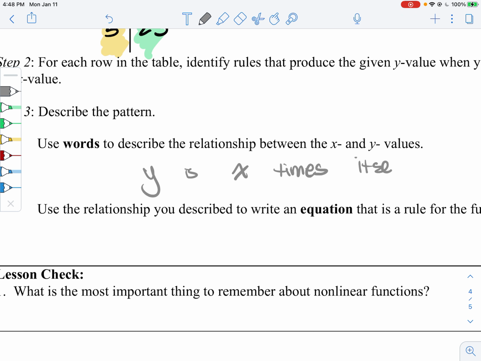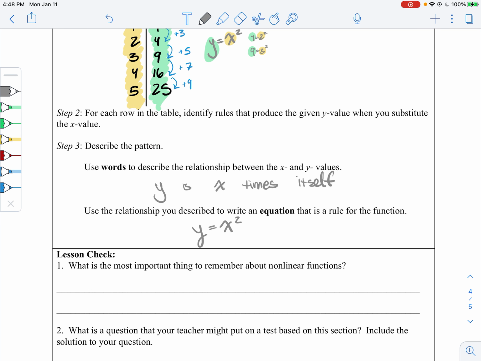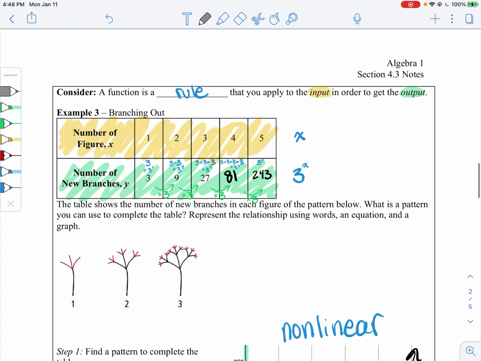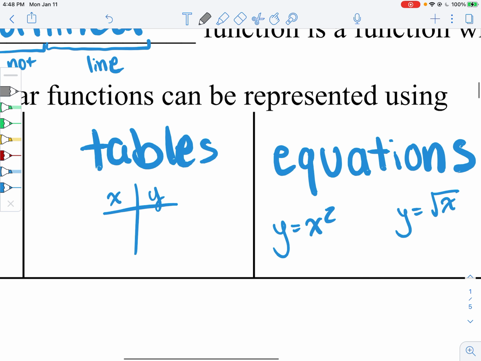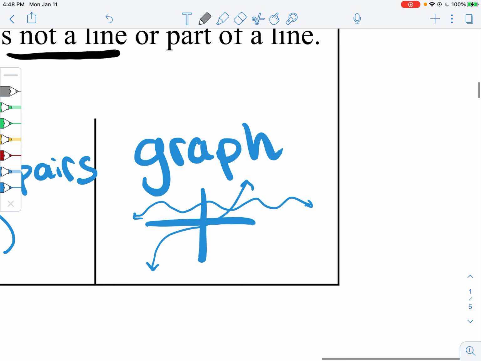That's a good way to say that with words. But to say that in algebra, we say y equals x squared. Ta-da! There you go. Okay, so nonlinear functions are functions that are not linear. You can represent them with words, with tables, with equations, with lists of ordered pairs, and with graphs.